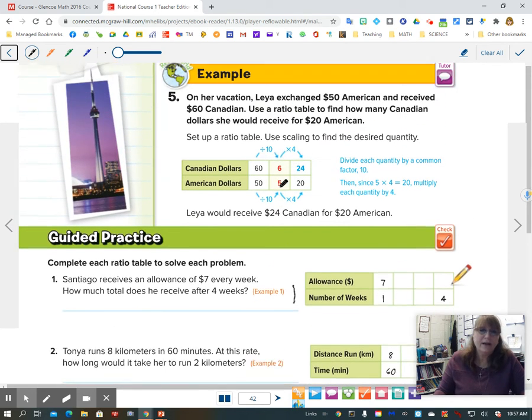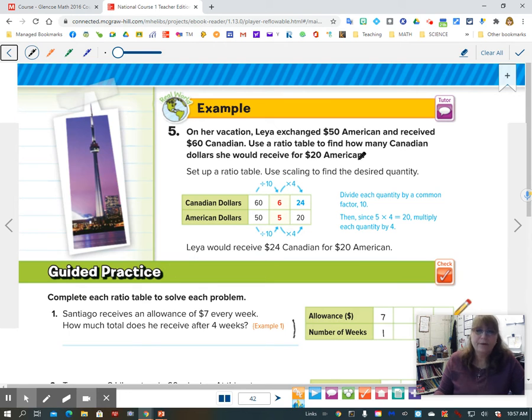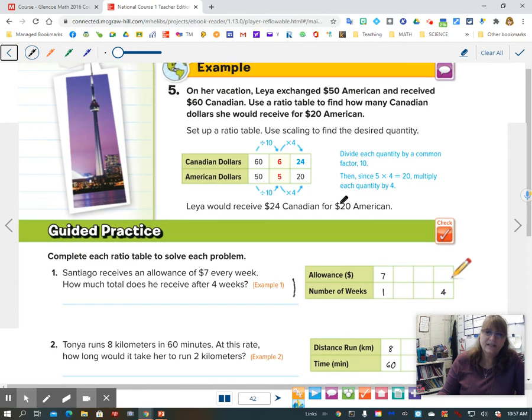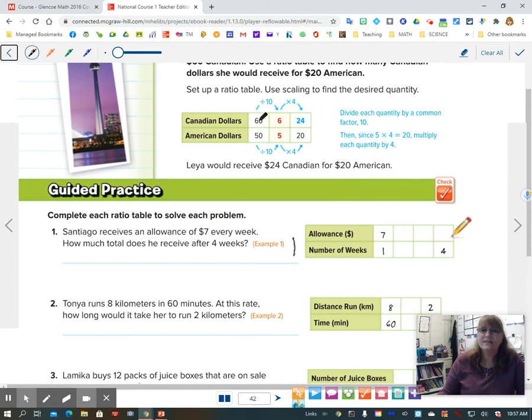So the guided practice at the top, or the example at the top, number 5, is just like what we just did. On vacation, Leia exchanged 50 American dollars and received 60 Canadian dollars. Use a ratio table to find how many Canadian dollars she would receive for 20 American dollars. Set up a ratio table, use scaling to find the desired quantity. So she had 60 Canadian, 50 American.